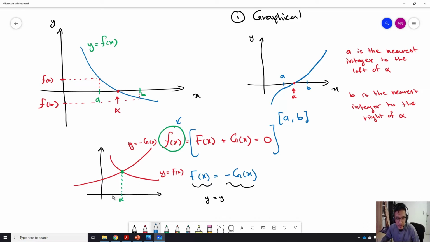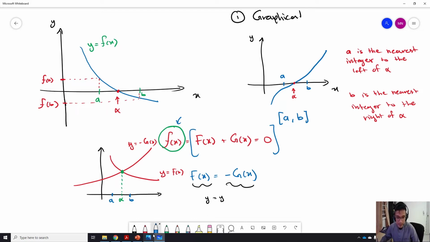The interval of the root will be mentioned as a on the left and b on the right, where a is the nearest integer to the left of alpha and b is the nearest integer to the right of alpha.